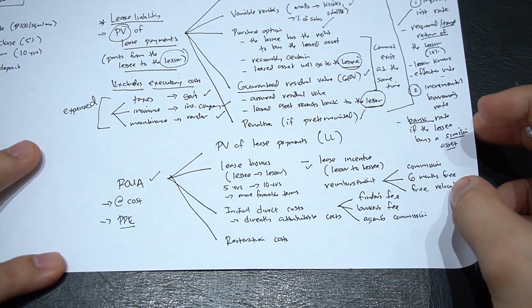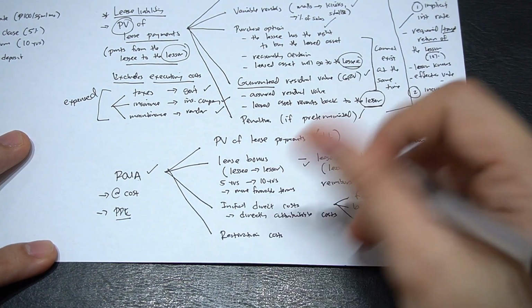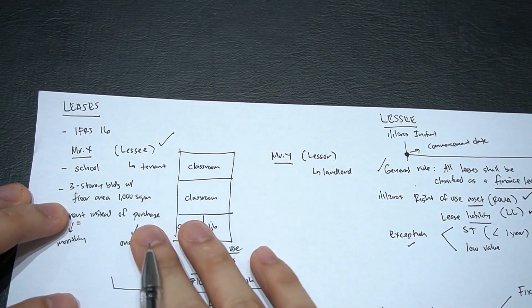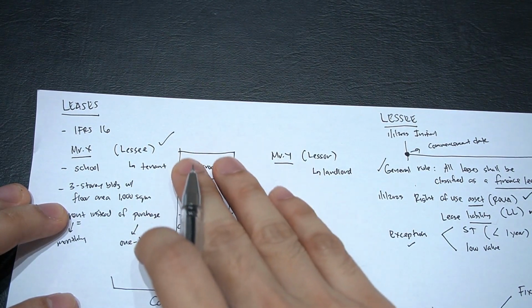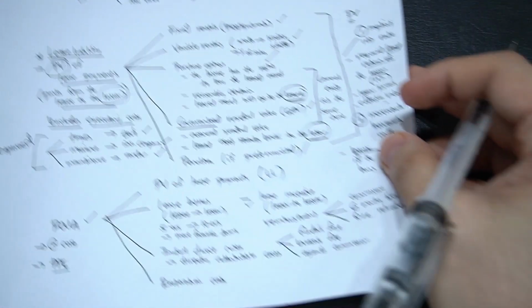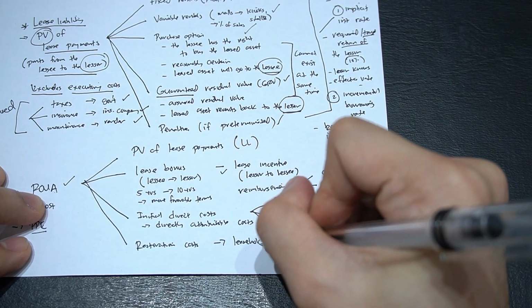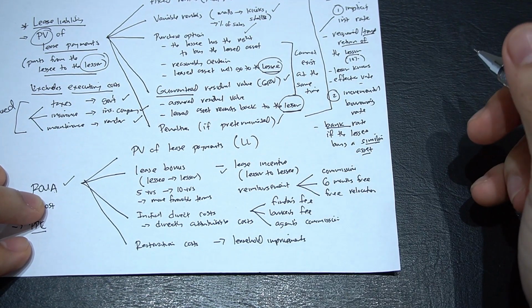Sir, ano yung restoration costs? So basically, class, in a lease contract, usually, yung building na yan, bare yan, walang laman yan. Siyempre si lessee, kailangan niyang i-transform yan into school. So, gagawa siya ng classroom, maglalagay siya ng walls, mga partitions, and so on and so forth. Ang tawag natin dun, class, is leasehold improvements. If maalala mo yung leasehold improvements, we discussed this during our discussion of property, plant, and equipment.